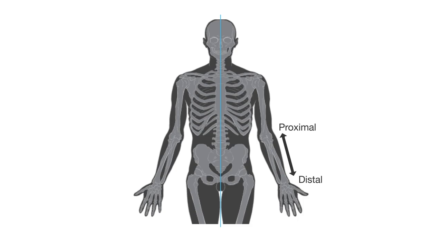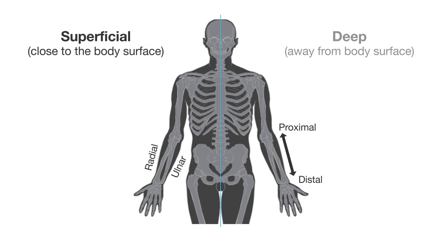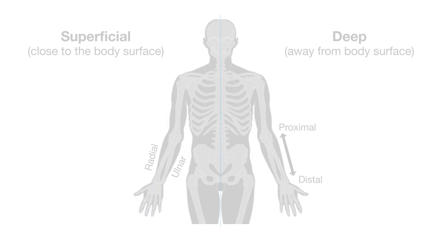For the upper limb, we also use the term radial to describe things which are closer to the thumb side because of the radius, which you'll learn about soon, and the ulnar side, or pinky or little finger side, of the upper limb because of the presence of the ulnar bone. We'll also use periodically the terms superficial, close to the body's surface, and deep, things which are further away.